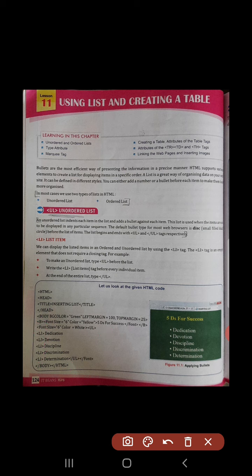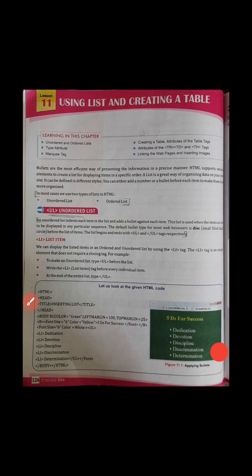So 3 commands are used here: UL, LI and /LI. After this, if we move to the next page, you have to give the heading type attributes. Then you have to write 3 types of type attributes, that is disc, circle and square.